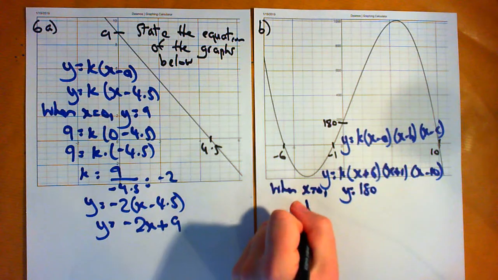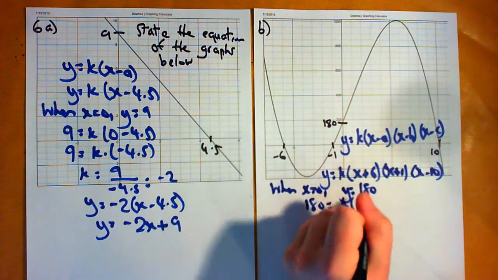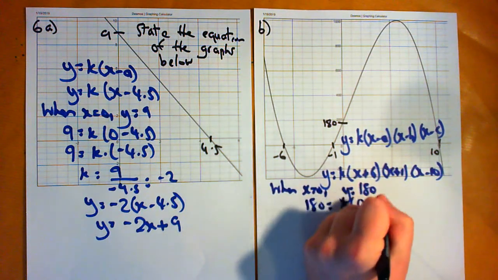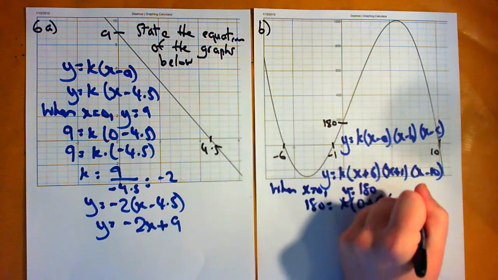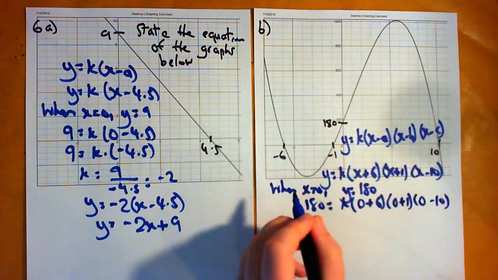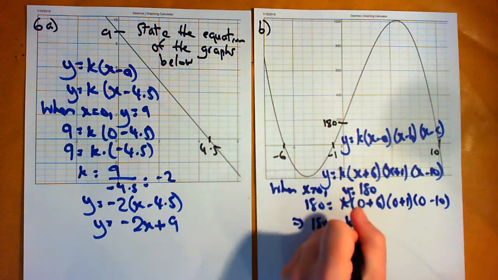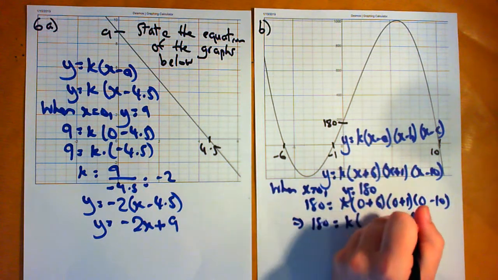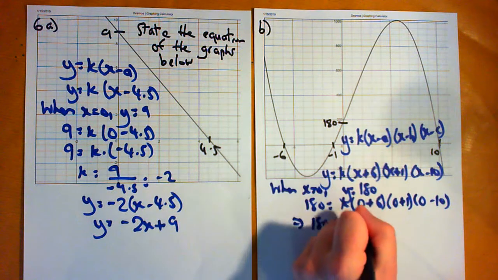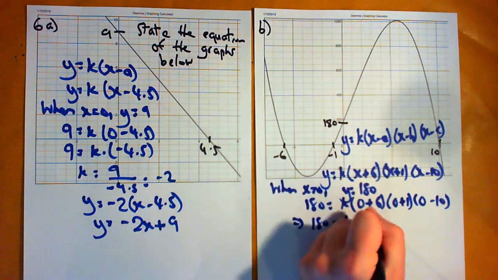So we have 180 equals k times, with x as 0 in each bracket, so 180 equals k times 6 times 1 times minus 10, which is negative 60.